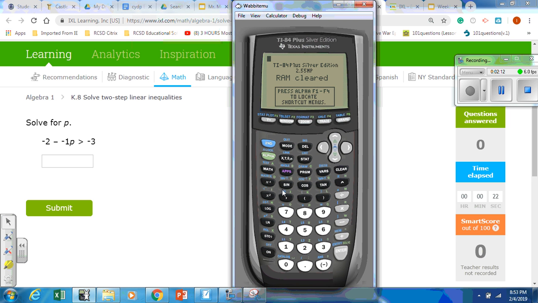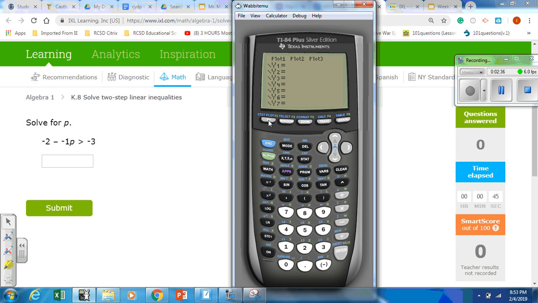Let's notice that we only see one variable. As long as we are only using one variable, this calculator technique will work 100% of the time. When we have 2 variables, then we have to use a slightly different technique.